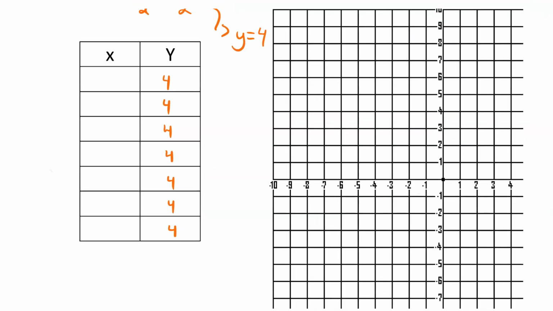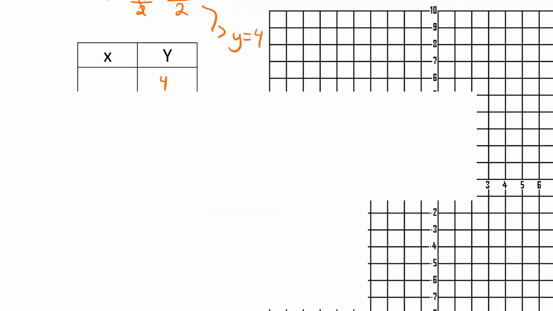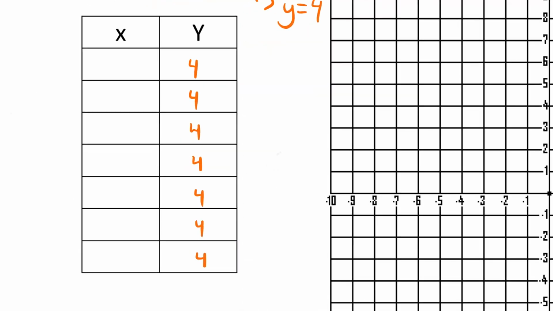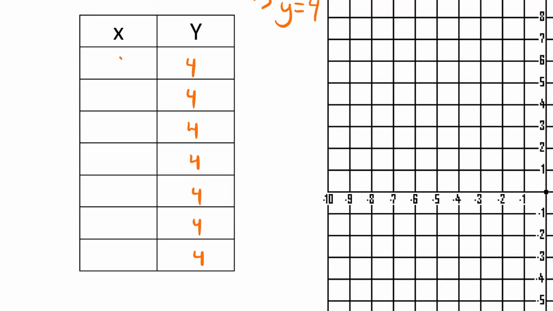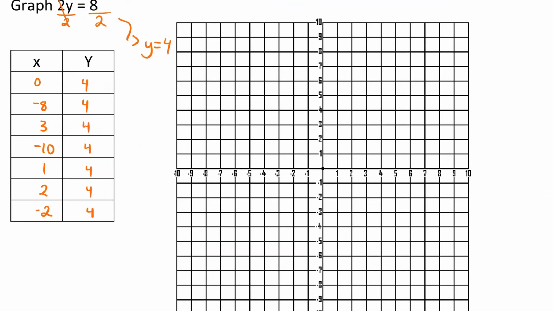Now, just like on the last one, I've picked random points just so that we can work on plotting the information. I've picked points of 0, -8, 3, -10, 1, 2, and -2. So we have y equals 4, so y is always going to be 4.